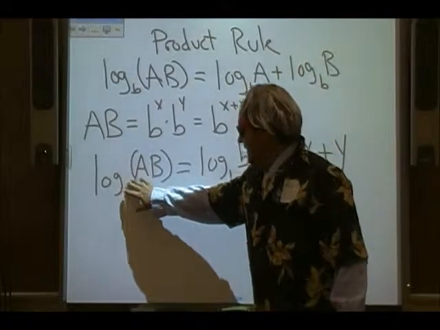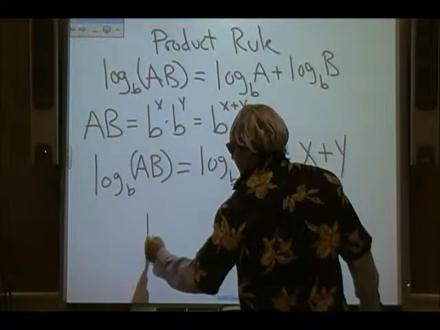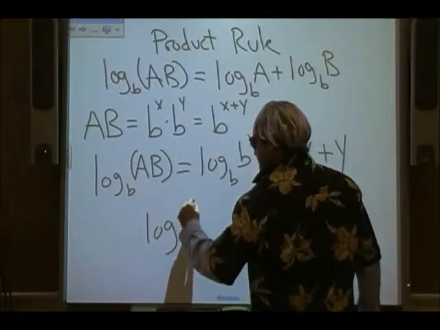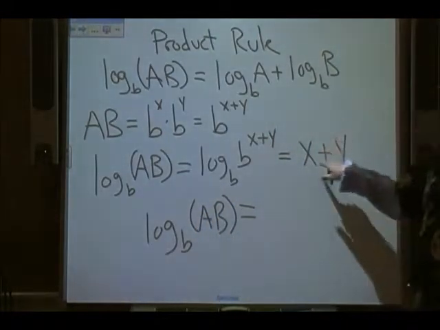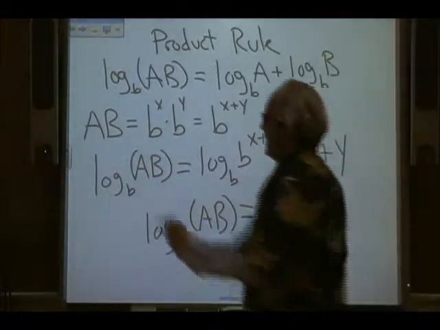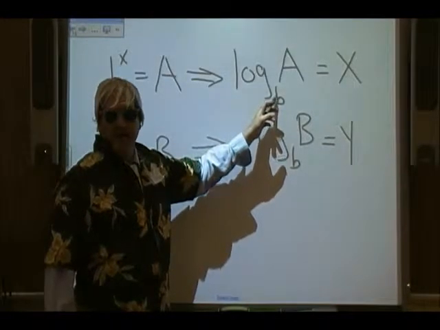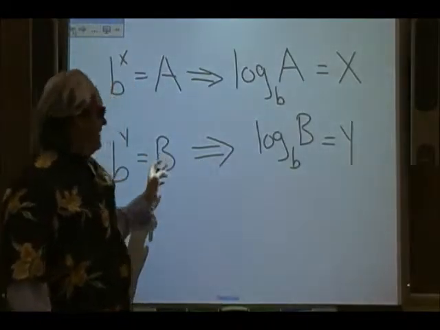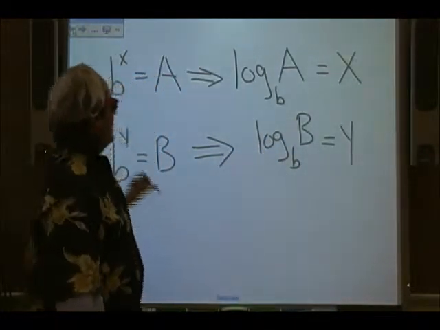Now, if log in the base b of ab equals x plus y, then what was x and what was y? X is log in the base b of a, and y is log in the base b of b.